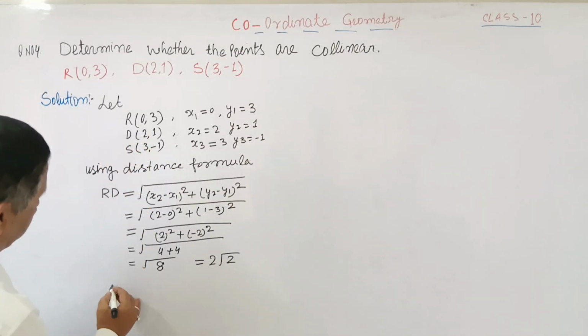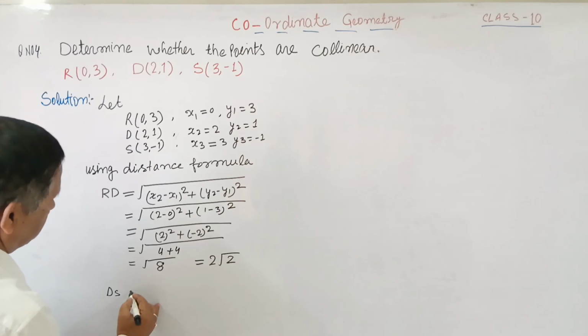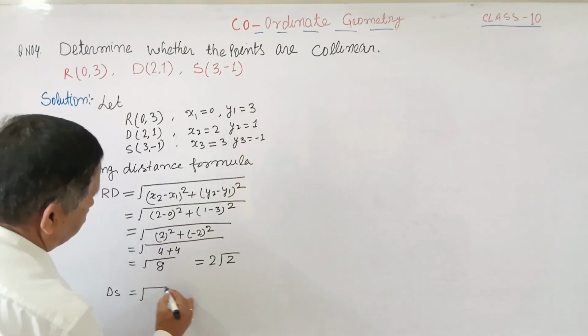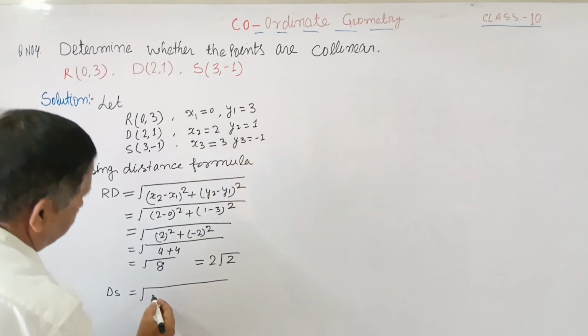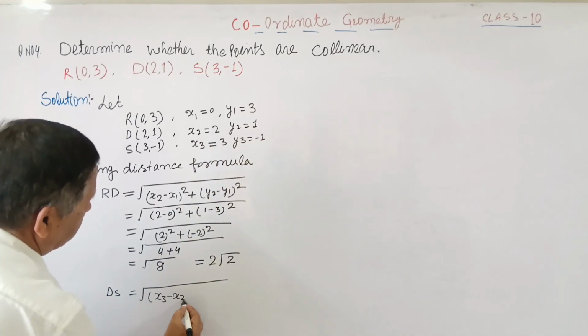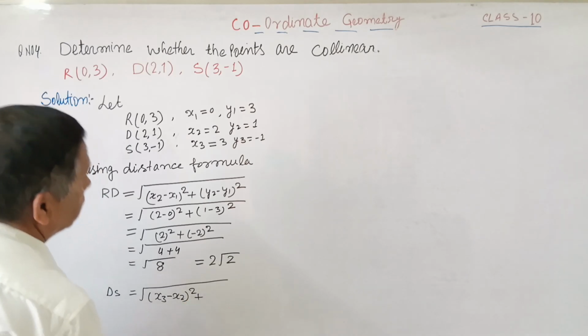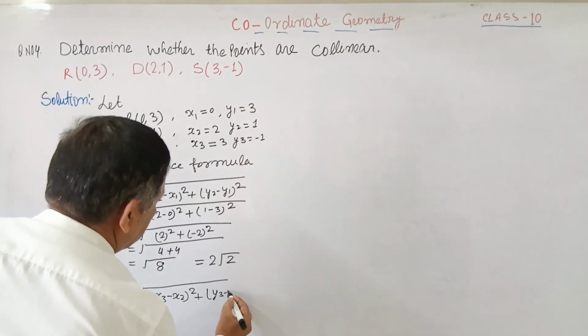Now we'll go for DS. The distance DS equals root of (x3 minus x2) whole square plus (y3 minus y2) whole square.